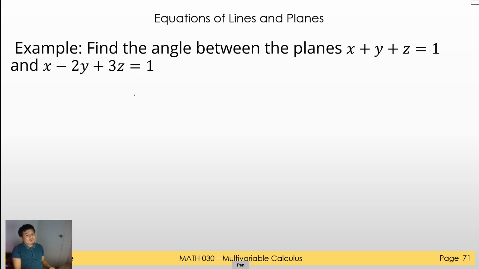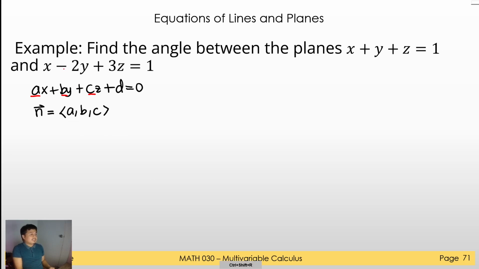How do we find orthogonal vectors of these two planes? What is the general form of a plane? We have ax plus by plus cz plus d is equal to 0. What are a, b, and c? The orthogonal vector is this a, b, and c.